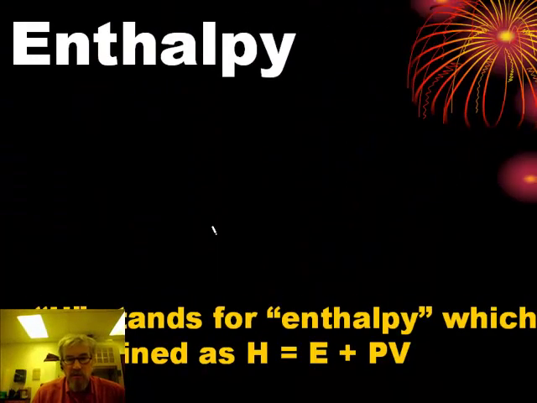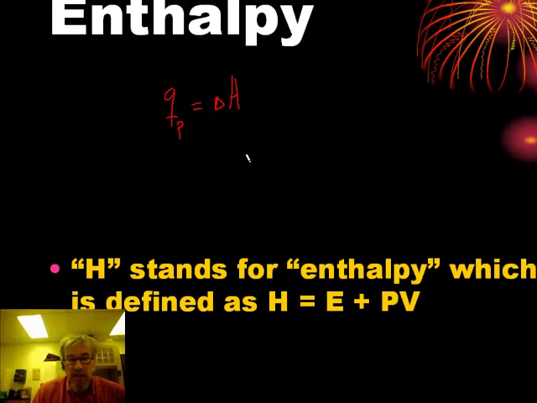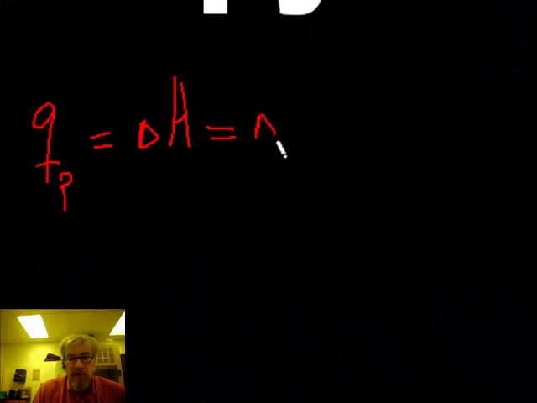This situation happens so often, that the pressure is constant in a calorimeter, that we've invented a new way of tracking energy at constant pressure. It's called enthalpy. When Q is measured at constant pressure, what we're measuring is delta H. H stands for enthalpy, and enthalpy by definition is E plus P delta V. So delta H is delta E plus P delta V, and that's constant pressure heat.